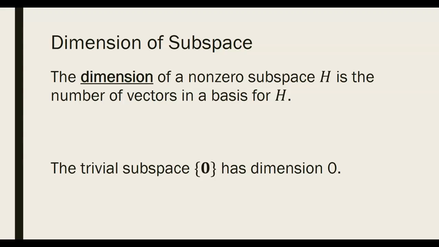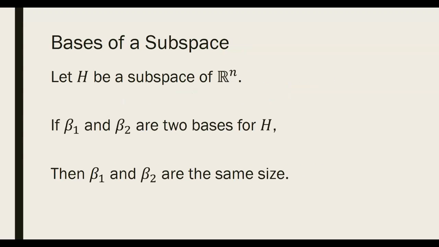Now, this allows us to translate into the idea of dimension. We say the dimension of any non-zero subspace is the number of vectors in a basis. So let me just go one back.